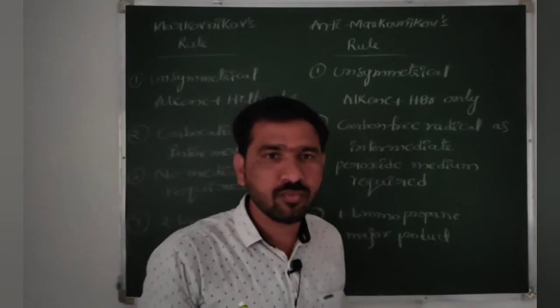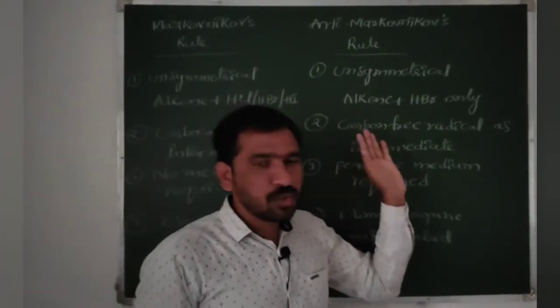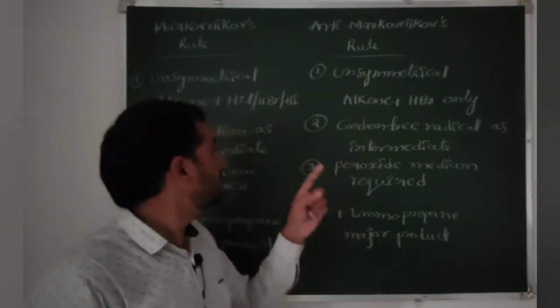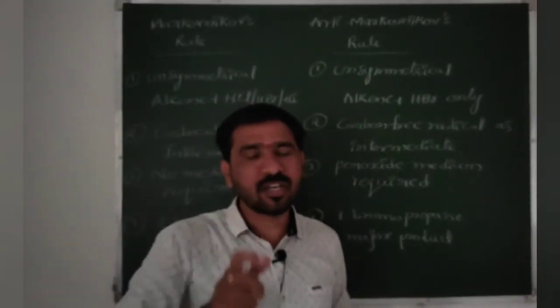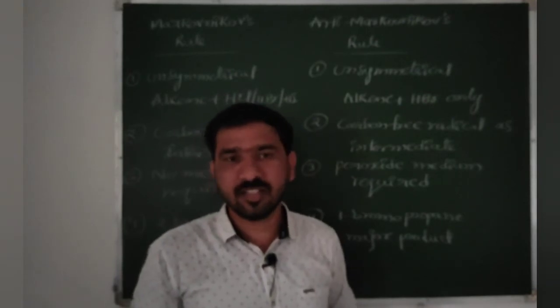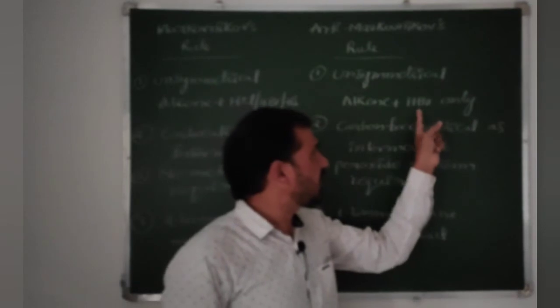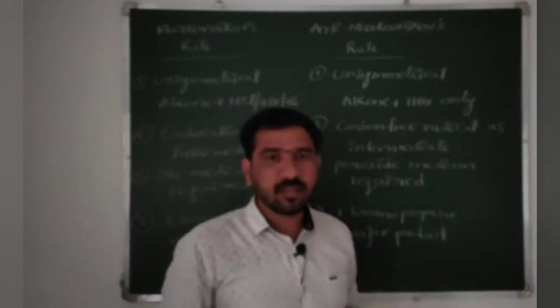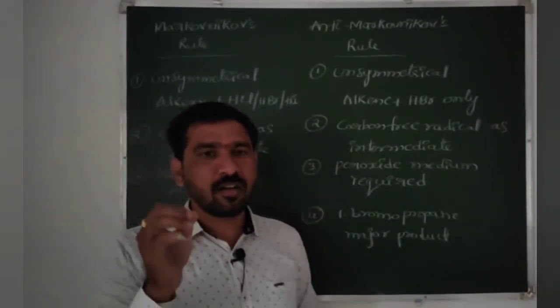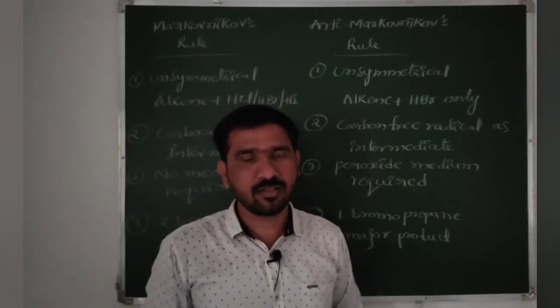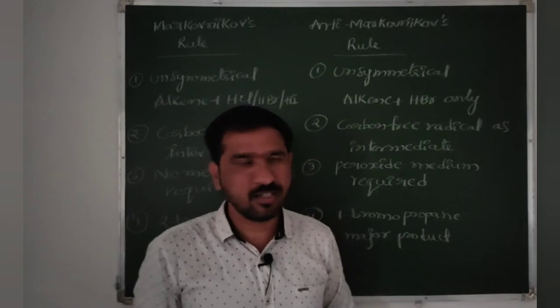Because one of the reaction mechanism steps with HCl or HI is endothermic in nature, so that is not favorable. When the unsymmetrical alkene reacts with HBr, all reaction mechanism steps are exothermic in nature. So that is a favorable condition, right?